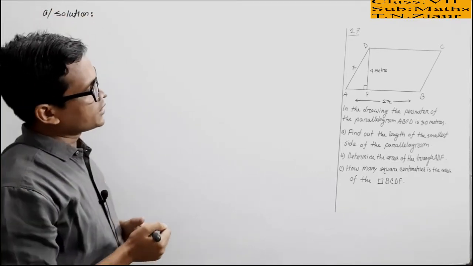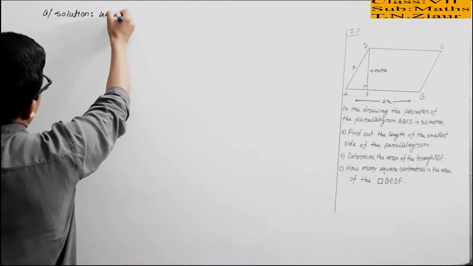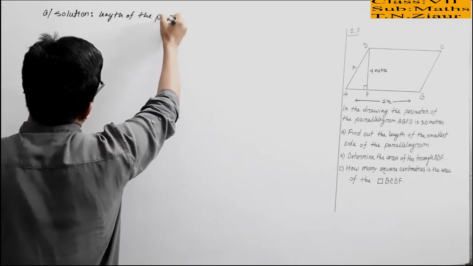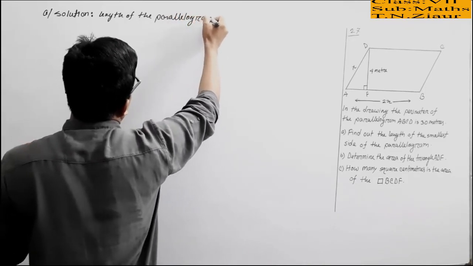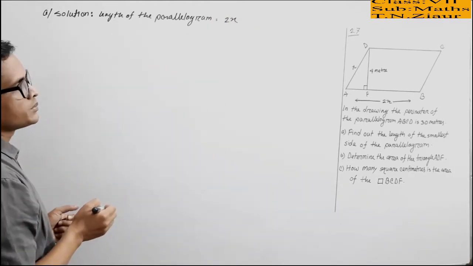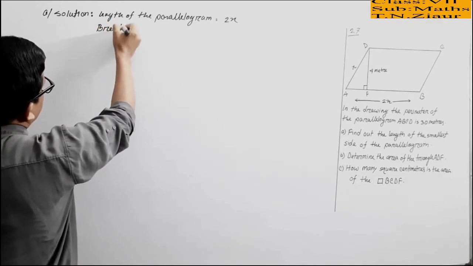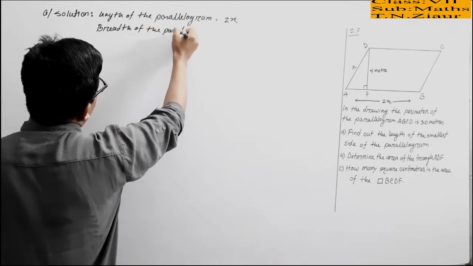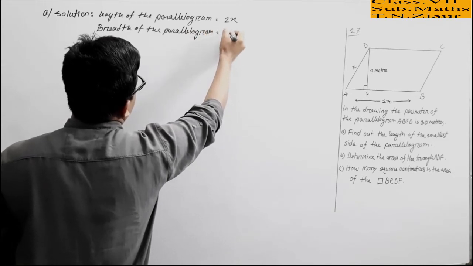Here it is given that the length of the parallelogram is 2x, right? Length of the parallelogram is equal to 2x and breadth of the parallelogram is equal to x.